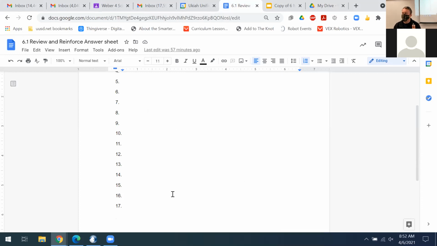Which one is the father and which one is the mother? That's a good question. Let me look. Okay, if you look at it, it says the father's alleles are written across the top. The mother's alleles are on the side. So the dad would be capital D, lowercase d.